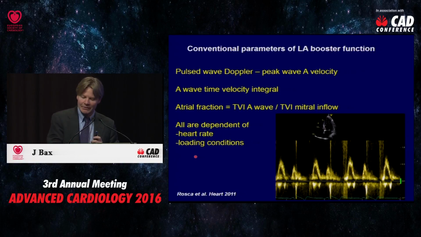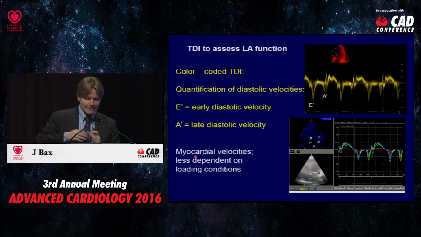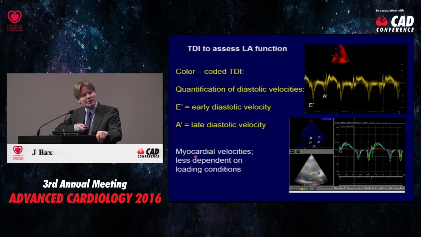So we like to have some better way of measuring. And this is tissue Doppler imaging, where you have a color-coded imaging of the ventricle, and then if we put the samples here on the heart, we get something no longer dependent on heart rate and blood flow, but dependent only on the velocities of the myocardium. That's what it reflects.